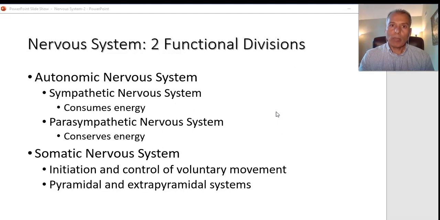Again, we're speaking about function. The first part of the autonomic nervous system is the sympathetic nervous system. It is the system that produces energy and enables you to consume energy. The best example we have for this is the stress response, sometimes called the fight or flight response.